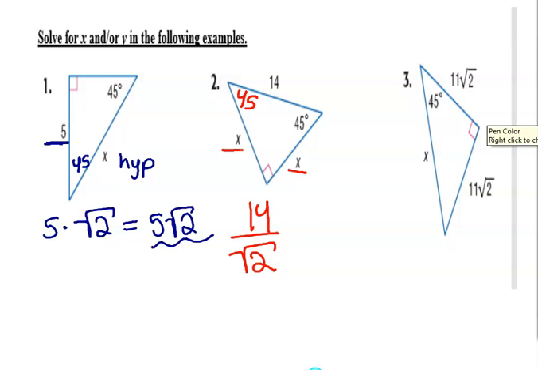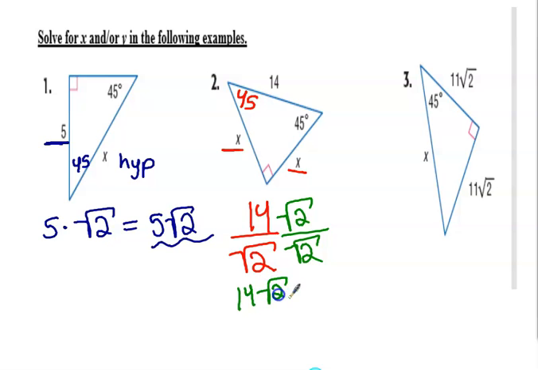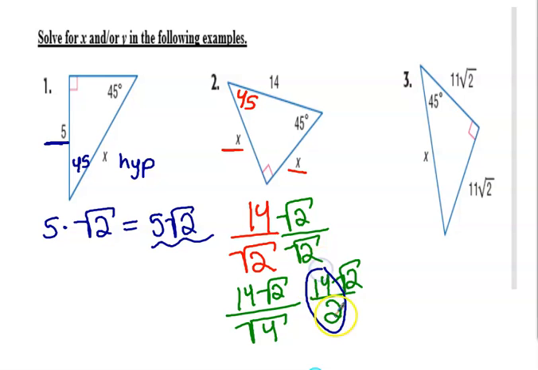If I have a square root on the bottom, I multiply the numerator and denominator by root 2. So I have 14 root 2 over root 4, and the square root of 4 is 2. The whole purpose of rationalizing is to get rid of the radical on the bottom. Then I can reduce this: 14 divided by 2 is 7 root 2. So each of these x's is 7 root 2.